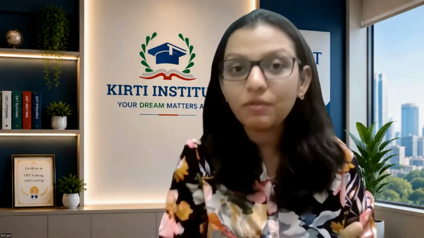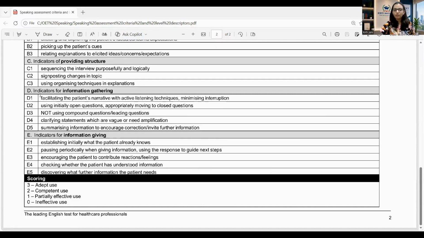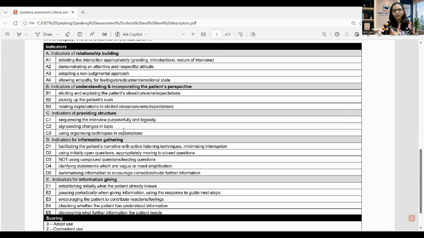Before I explain the FAE formula, I would like to show you what the information gathering criterion says in the assessment criteria. So let's have a look. These are the indicators for information gathering, and this is a part of the clinical communication criteria.